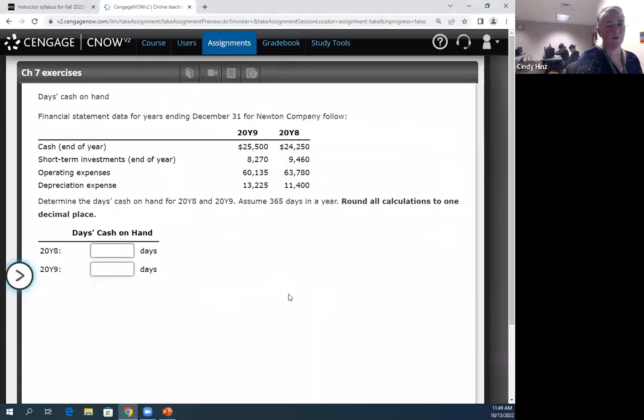And let's go to our final exercise. Hopefully you made a note of those calculations. So the numerator of the equation is going to be our cash operating expenses. Whoops, I said that backwards. Let me just put the formula on the screen for you.